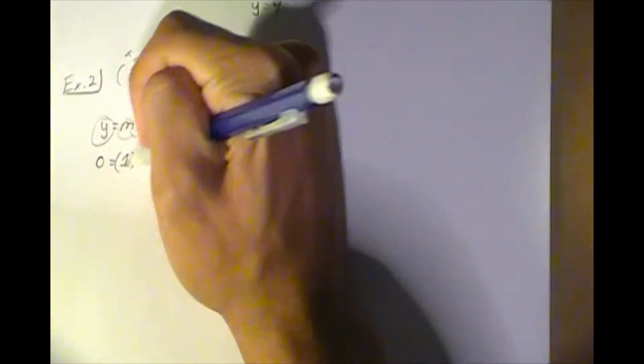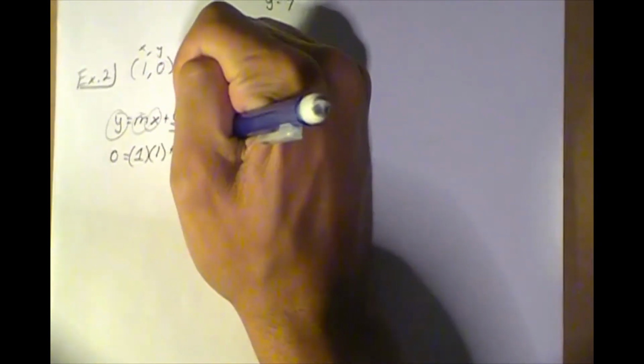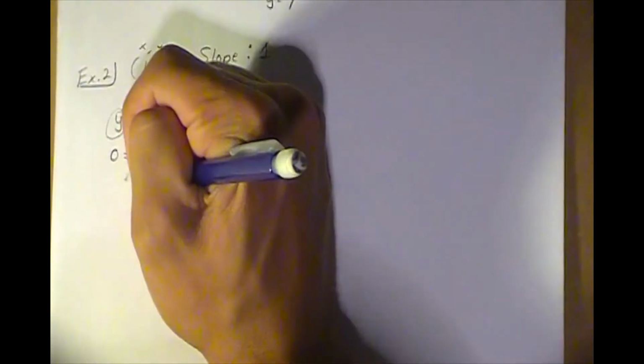So we'll have to solve for that again. We have a y value of 0. Our slope is 1 being multiplied by 1 plus b. So to get b by itself, we just subtract 1 from the other side. So b is equal to -1. Awesome.